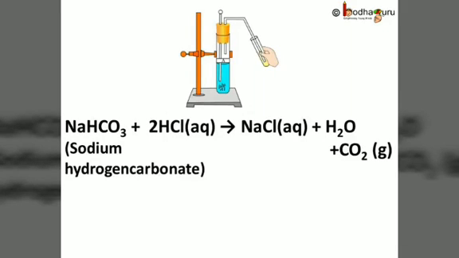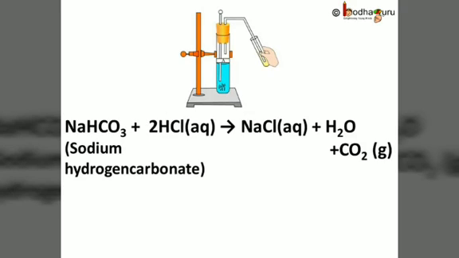In the second test tube, sodium hydrogen carbonate, also known as sodium bicarbonate, reacted with acid to produce salt, that is NaCl, water and CO2. This is represented by the chemical equation NaHCO3 plus HCl gives NaCl plus H2O plus CO2, where NaHCO3 stands for sodium hydrogen carbonate.